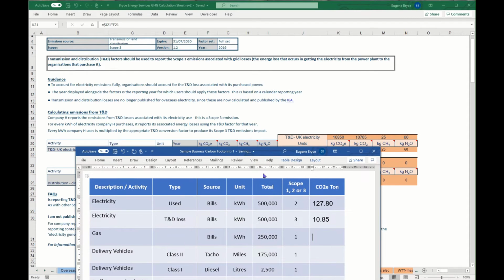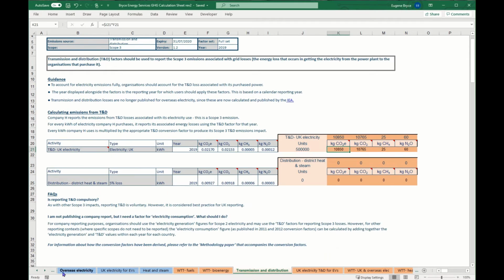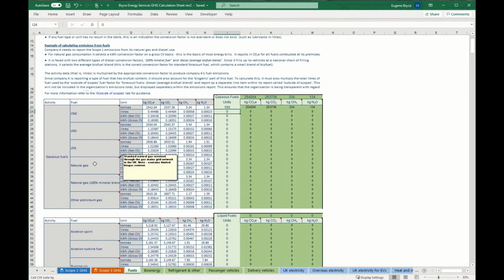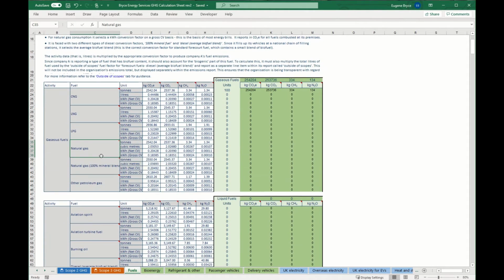Next one, gas, straight gas used for heat, burning in the boiler for heating, water and central heating perhaps. So we have 250 kilowatts, and this is scope 1. So scope 1, fuels, natural gas. I've rolled it up.